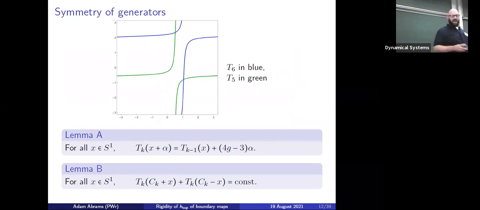So lemma A is saying that you can translate T6 in blue to get a version of T5, which is in green. Lemma B is saying that each individual boundary map has central symmetry or rotational symmetry. So it's like an odd function, except reflecting through some point other than 0. And you can see that rotational symmetry or central symmetry in this picture as well.